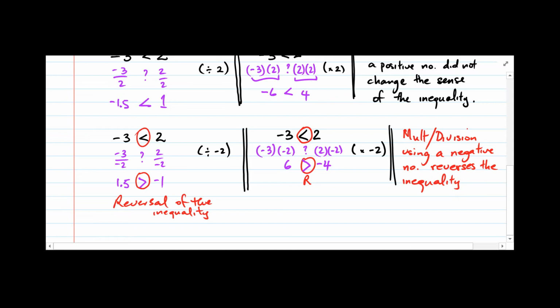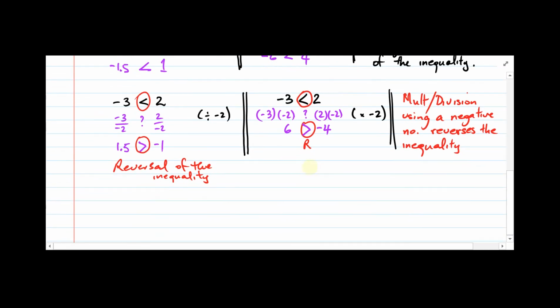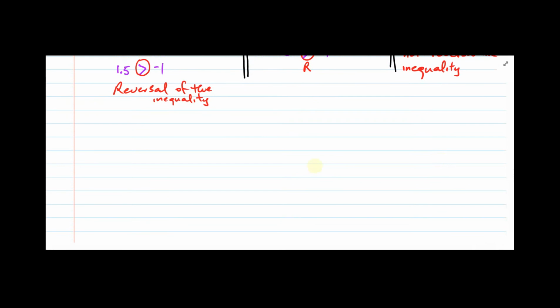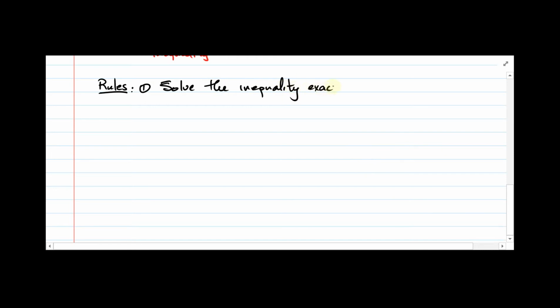Right, so based on that little exploration, and you can try it for every number or every pair of numbers you wish, we come up with certain rules. When dealing with inequalities, the rules are simple. One, essentially, we're going to solve the inequality exactly as we would an equation, except in two cases.